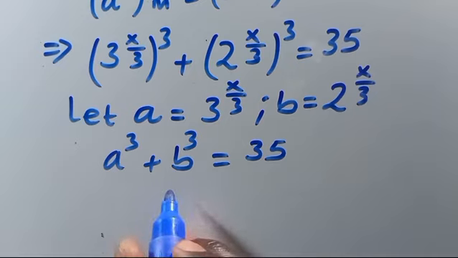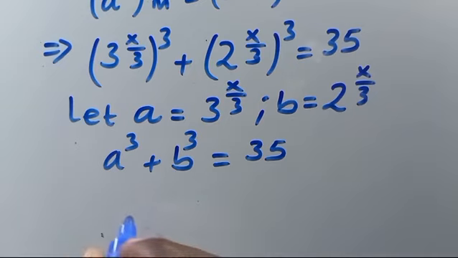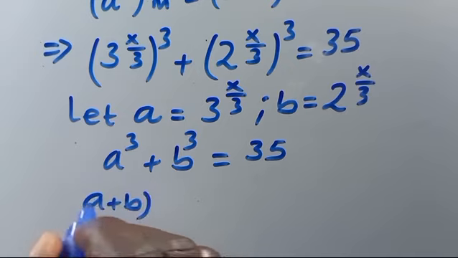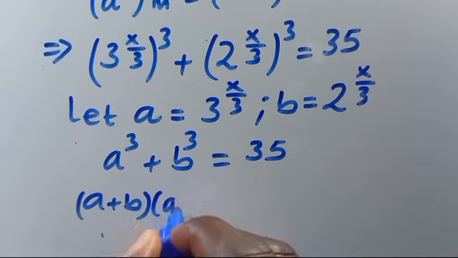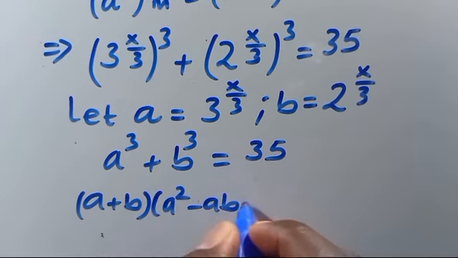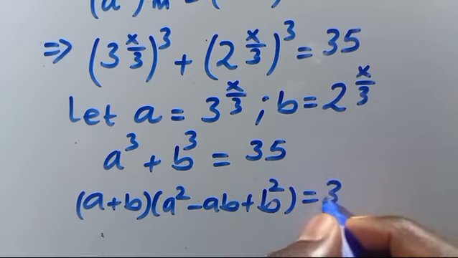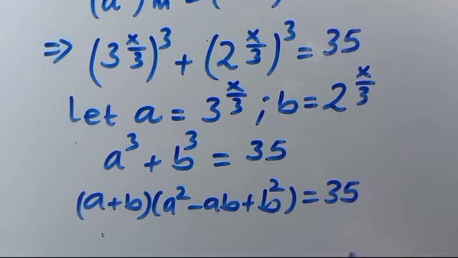And this is the sum of two cubes. This will be equal to a plus b times a square minus ab plus b square equals 35.